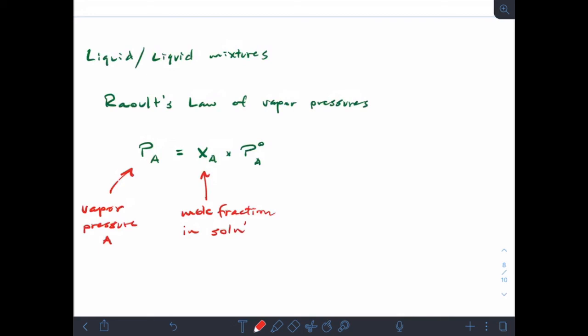Okay. So we're talking about in the liquid solution, how much of compound A do we have? Okay. And then this P0 of A, this is the pressure of A of pure A, at a given temperature.